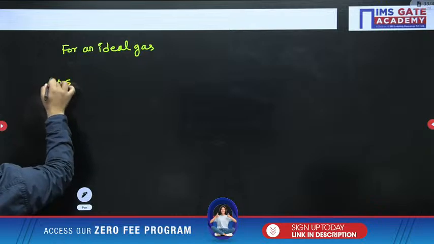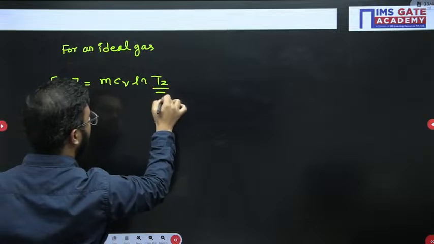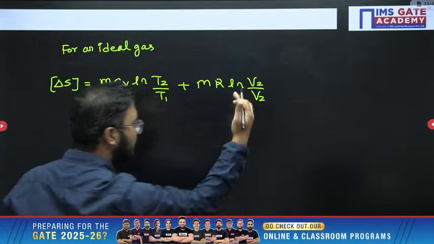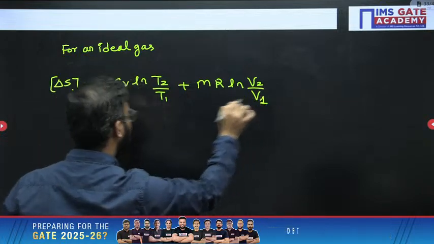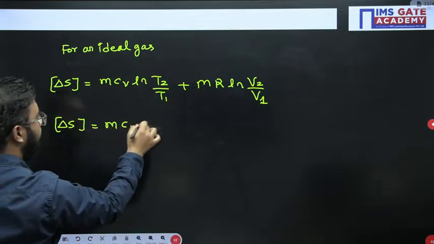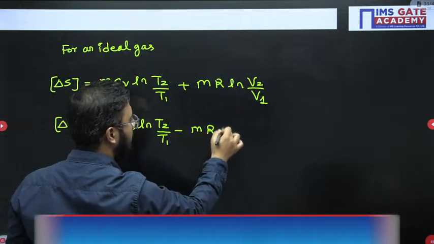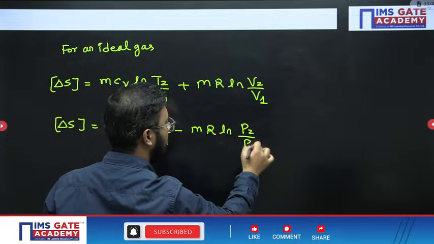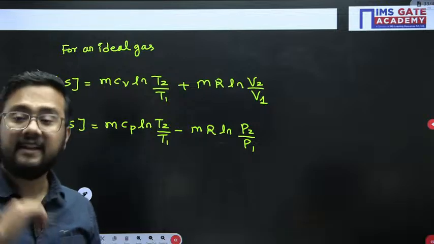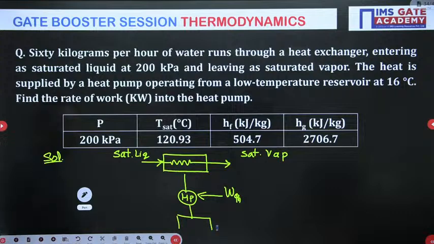Delta S formula for any process is mCV ln T2 by T1 plus mR ln V2 by V1. For any process, forget about constant volume, any process. Another formula: mCP ln T2 by T1 minus mR ln P2 by P1. These formulas are applicable for any process. Yes, correct, absolutely, Aditya. Now, solve this question.